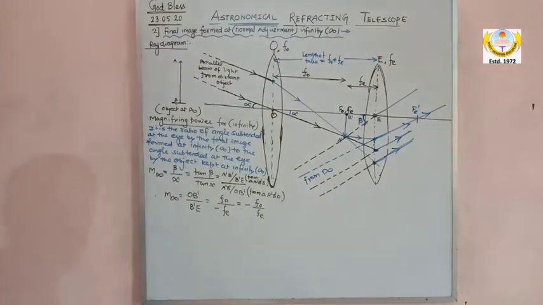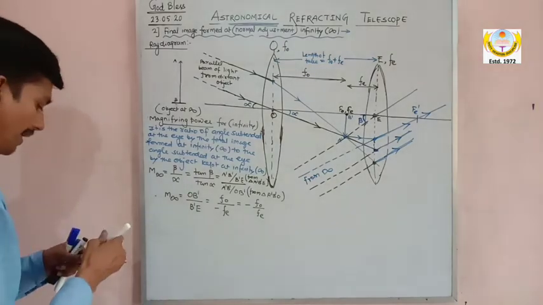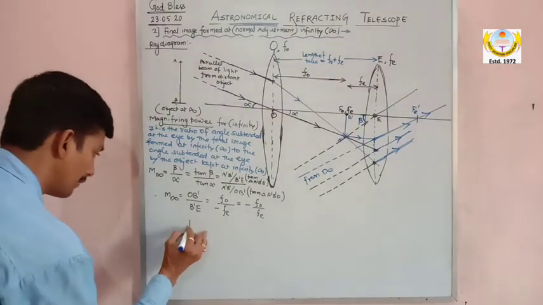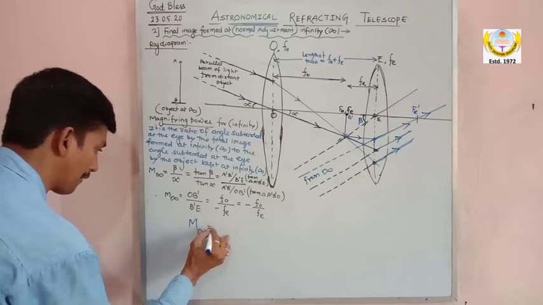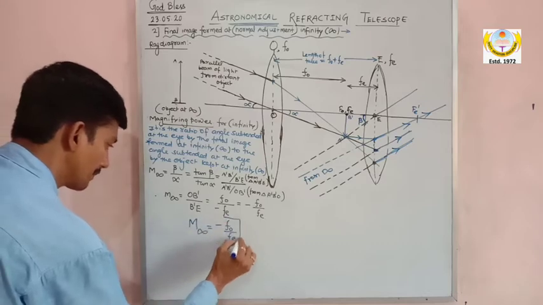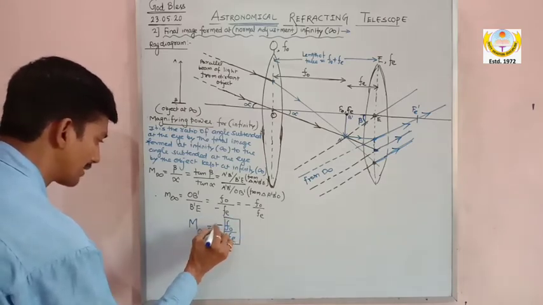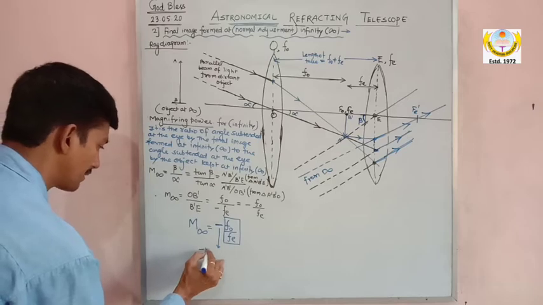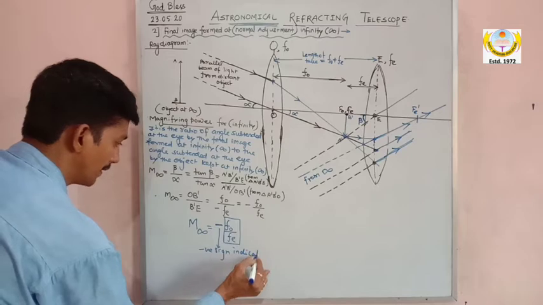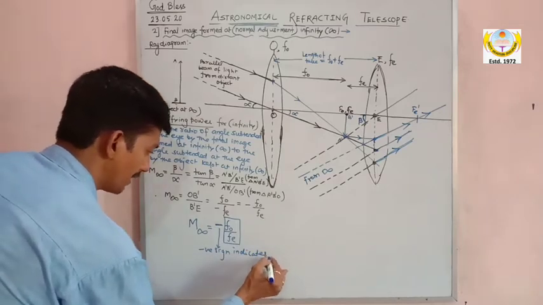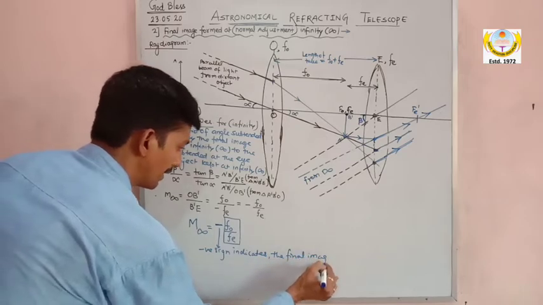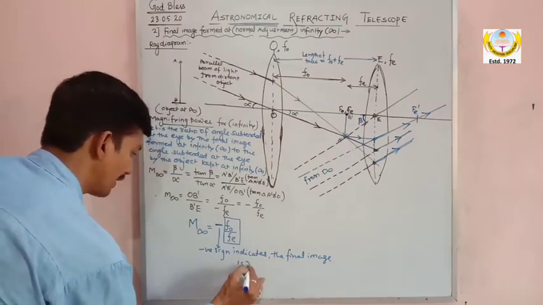So now my dear, I hope everybody understood that the image when formed at infinity, my dear, the magnifying power, when image formed at infinity, the magnifying power is minus fo upon fe. Where this minus sign indicates, negative sign indicates the final image is real inverted.